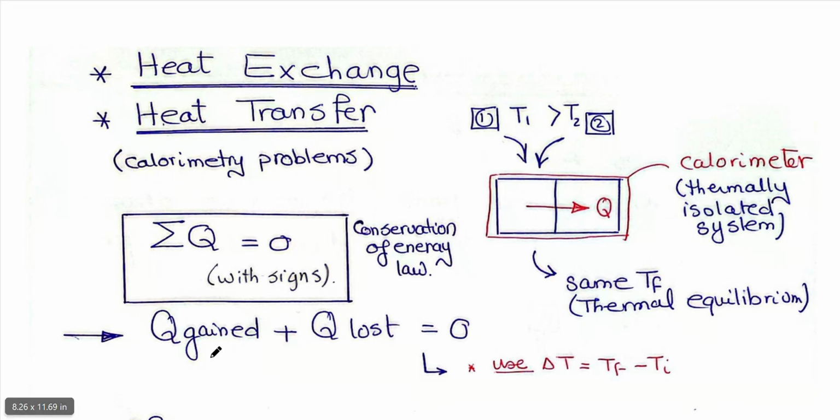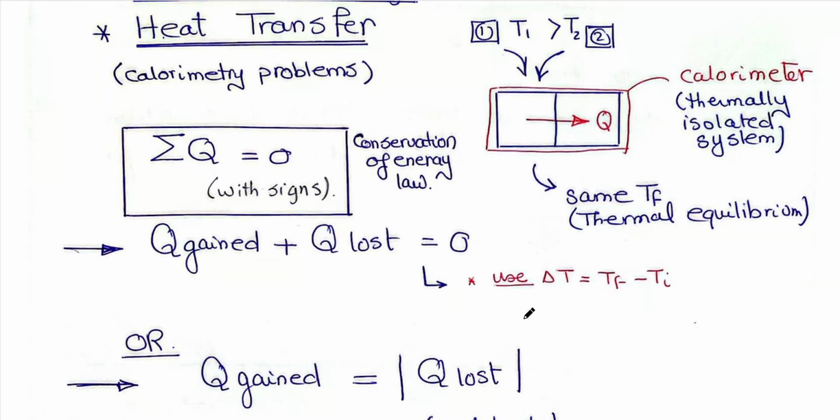So Q gained is 10 joules plus Q lost, minus 10 joules, equals 0. If you use this form of equation, put delta T equals T final minus T initial as stated before. But we can write it in another form.